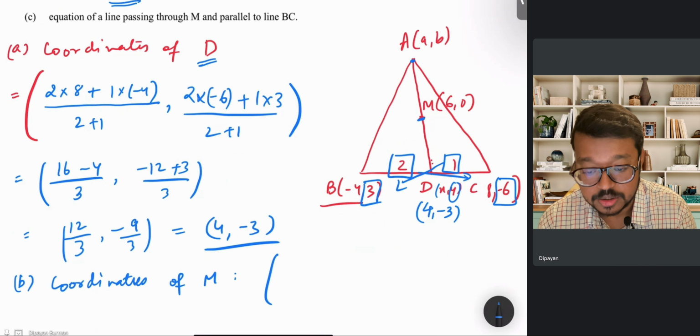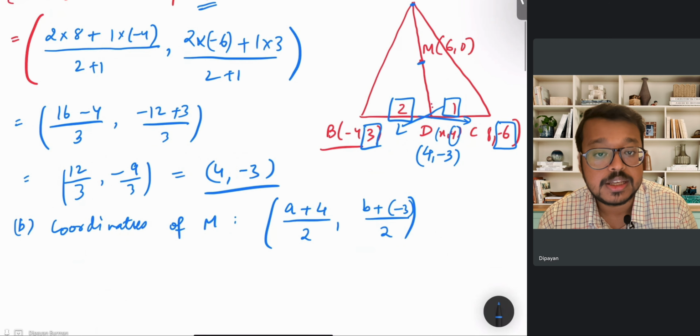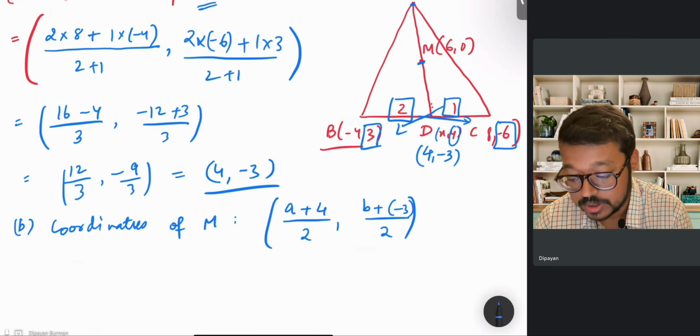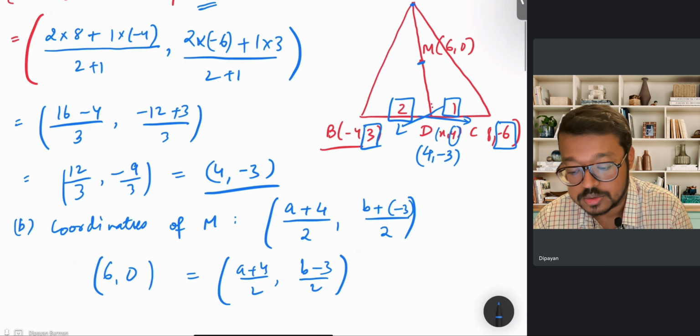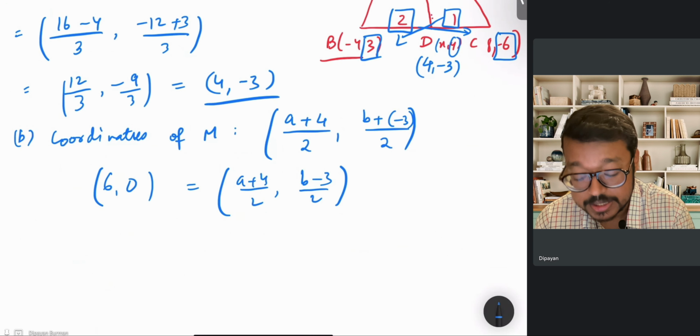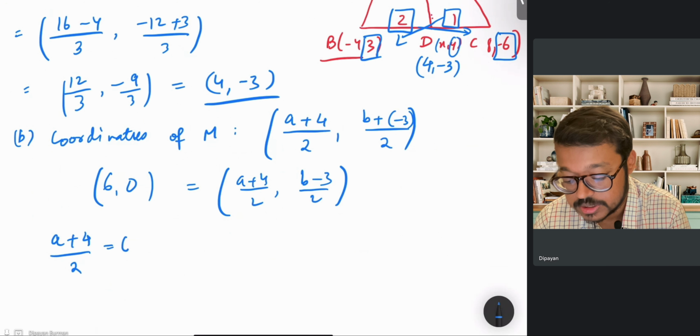So the x coordinate is A plus the x coordinate of D, which is 4, by 2. Then for the y coordinate, B plus minus 3 by 2. But the coordinate of M is already given as 6 comma 0. So I can equate 6 comma 0 to A plus 4 by 2 comma B minus 3 by 2. Equating the x coordinates separately, A plus 4 by 2 is equal to 6.